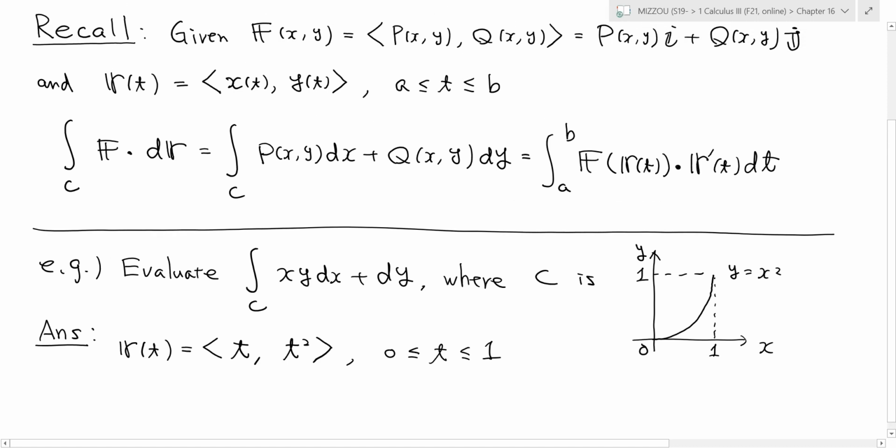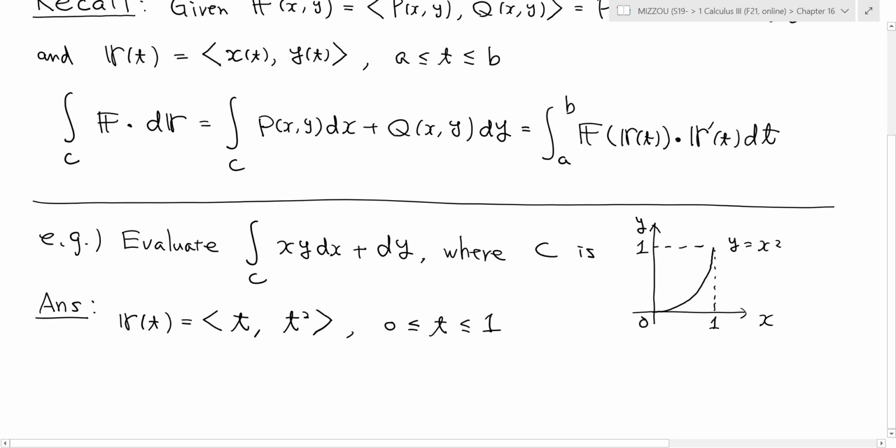And then by looking at this expression, you can read off what P and Q are. P is whatever you have in front of dx, and Q is whatever you have in front of dy. In this case what you have is 1, but usually 1 is omitted. So the vector field F you integrate over is xy for the x component and 1 for the y component.